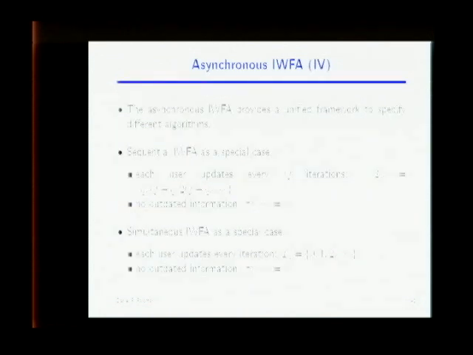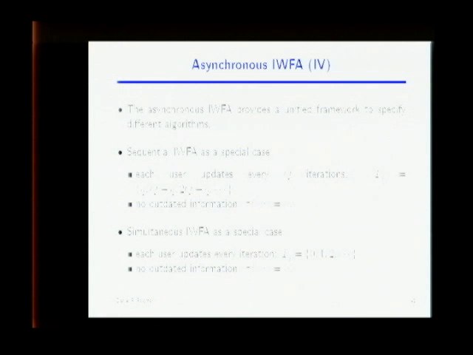So now let's see how the two previous algorithms are just one particular case of the asynchronous. The sequential updates every q iterations. So the times at which the user is updated are some offset plus q, plus 2q. That's it. And then there is no outdated information, so tau is n.